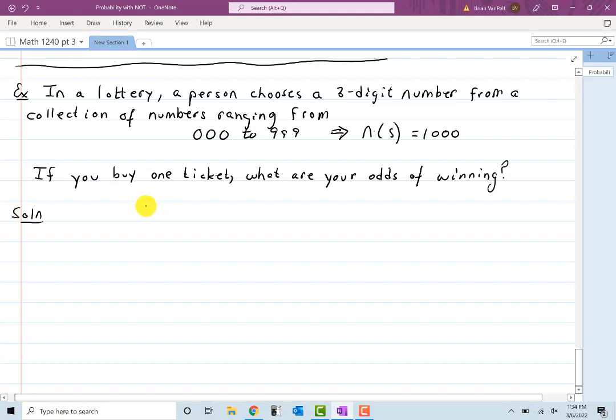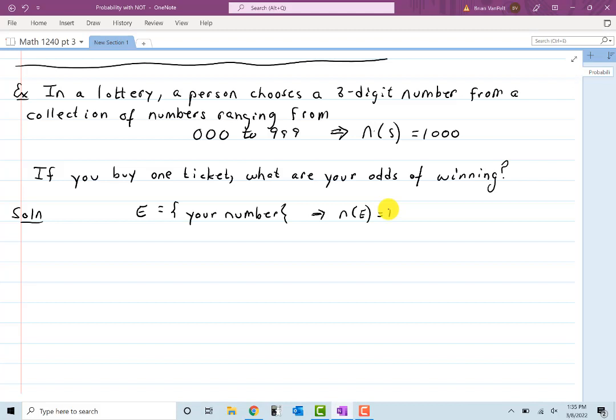So let E be the set of your number, whatever that number is, so that the size of E is equal to 1. You choose exactly one number, so the size of your event is 1.